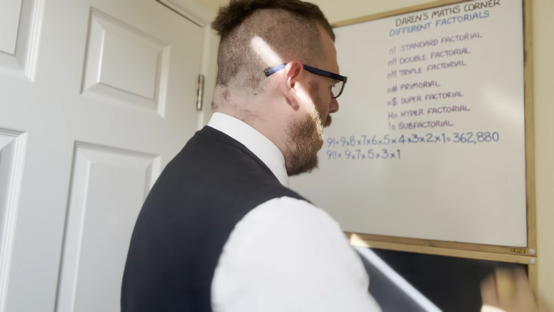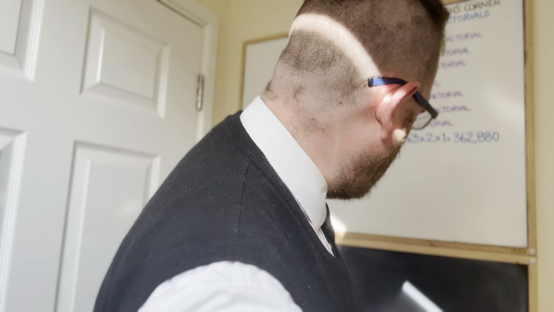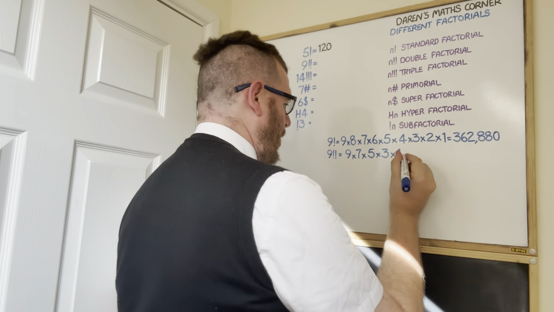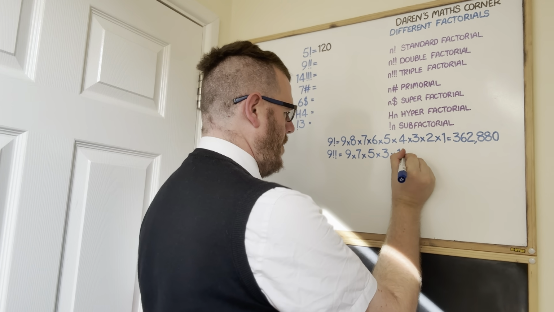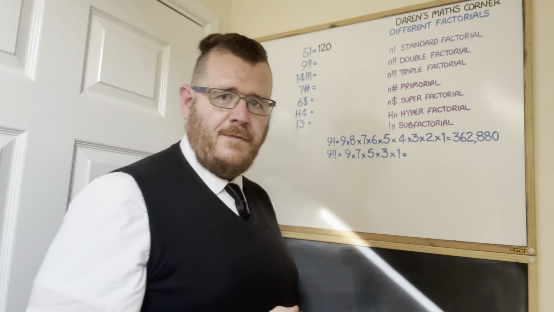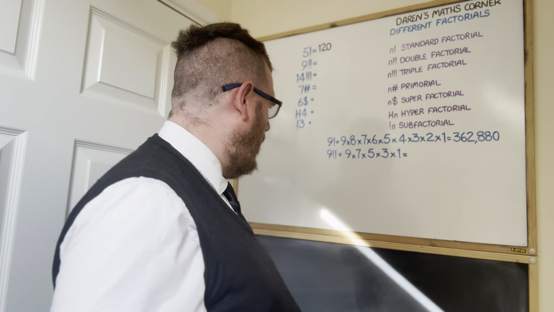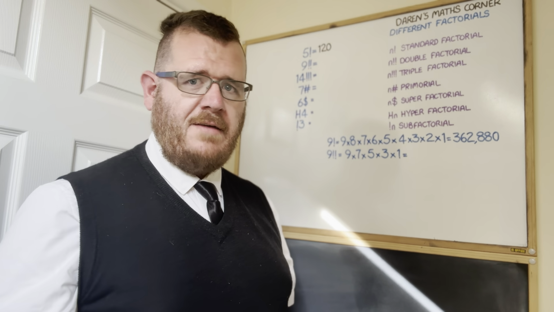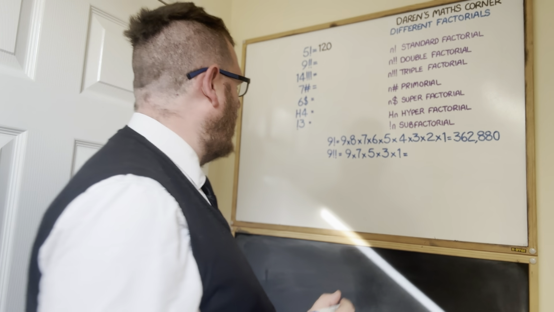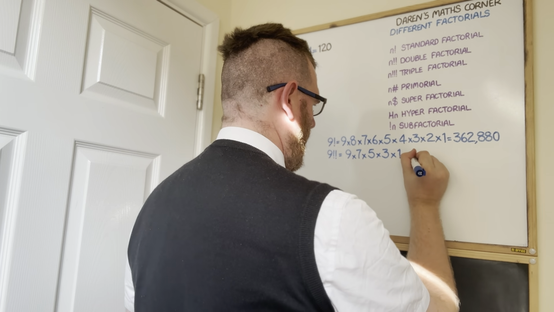But we're looking for 9 double factorial. So 1 times 3 is 3. Times that by 5 for 15. Times that by 7 for 105. And your answer would be 945.